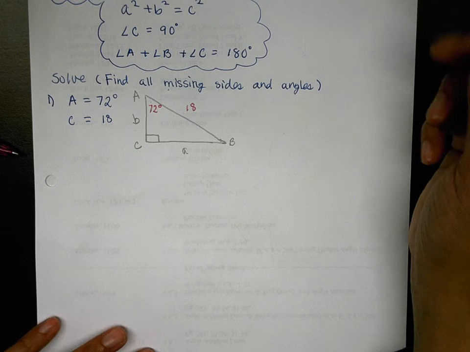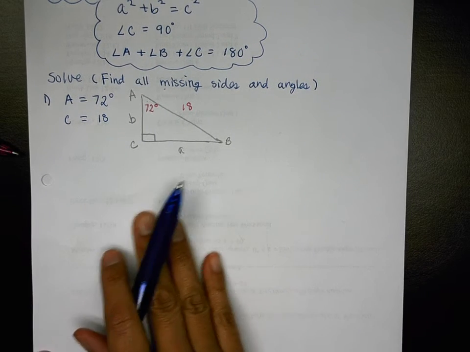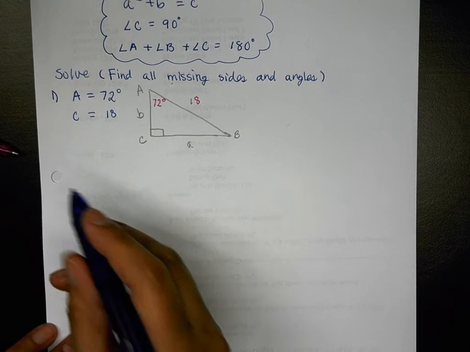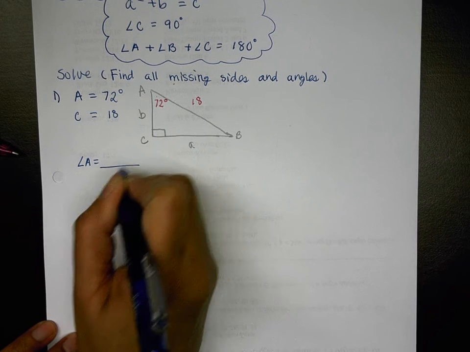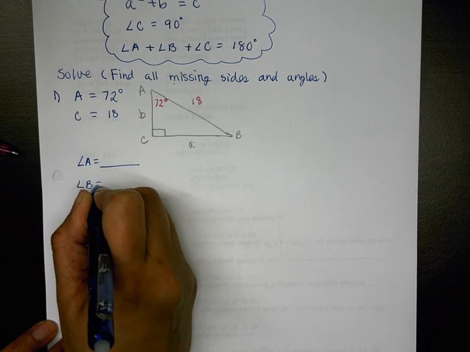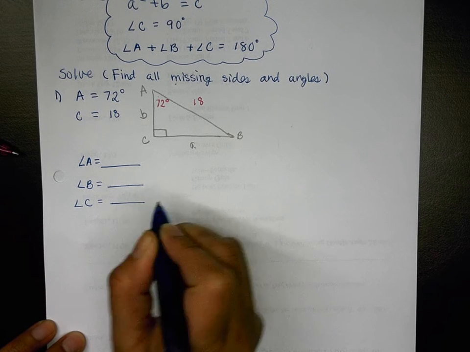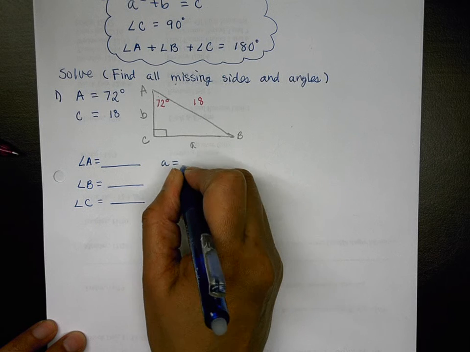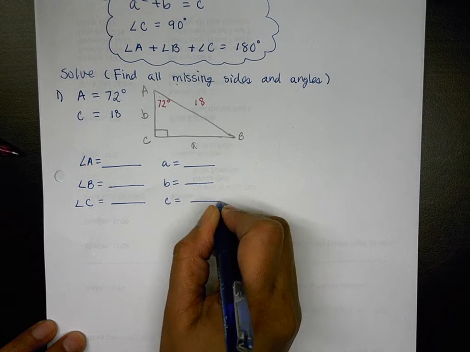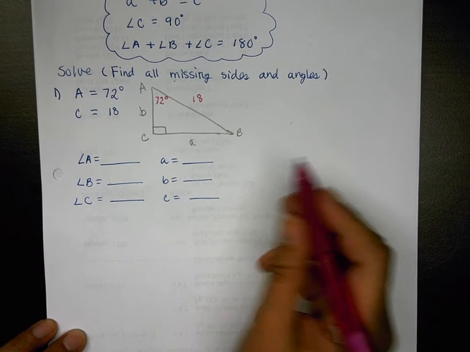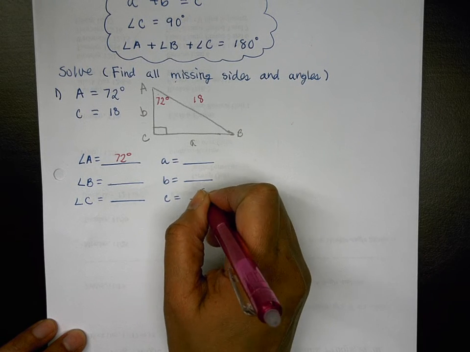Okay. Now, what I'm going to do, I'm just going to list them all out, and then I'll box in the ones they're asking me for. So I'm going to list them all: angle A, angle B, angle C, little a, little b, little c. Now, they've given me A is 72 degrees and C is 18.